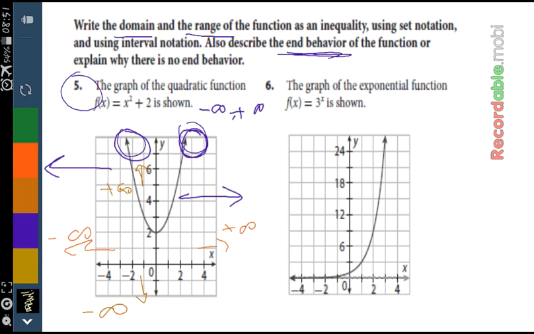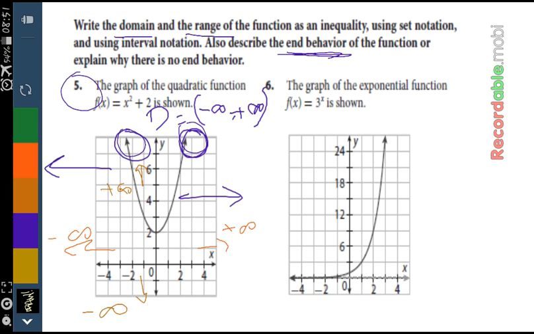And we said before that positive infinity and negative infinity always take a rounded bracket. So this is the domain of this function, and of course you can write it in inequality and set notations. This is no longer too hard for you to do.